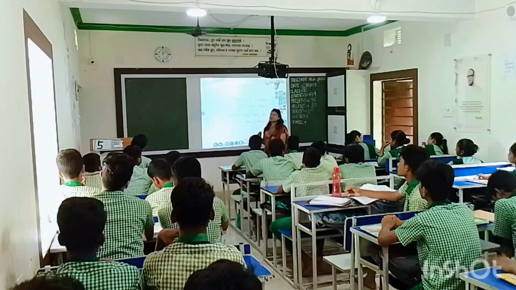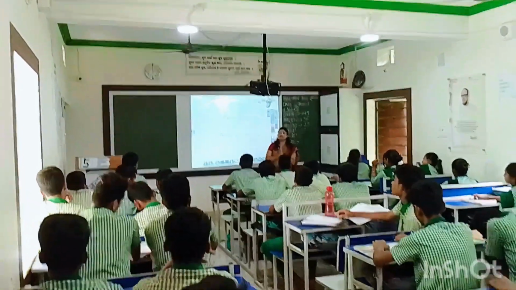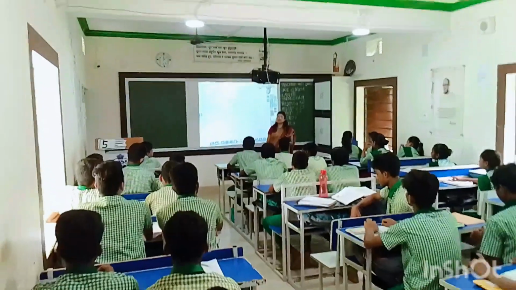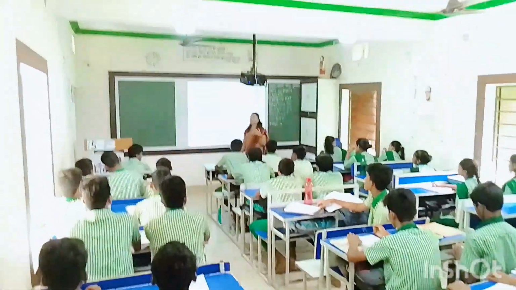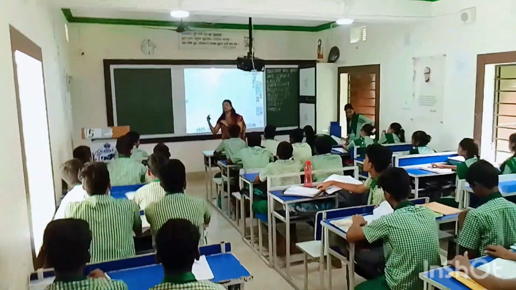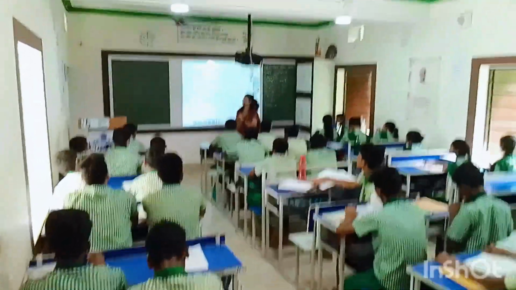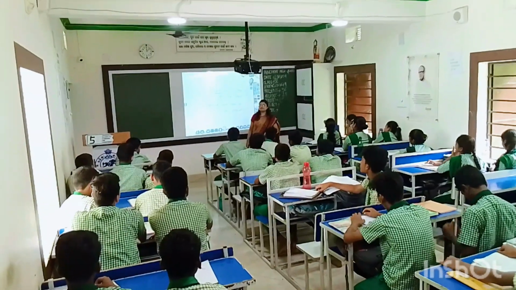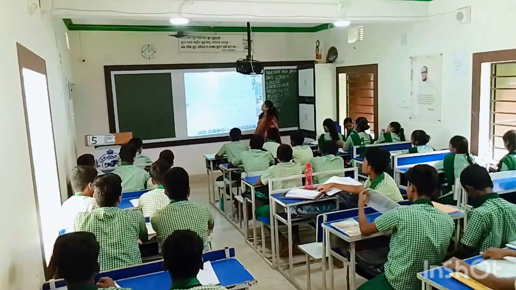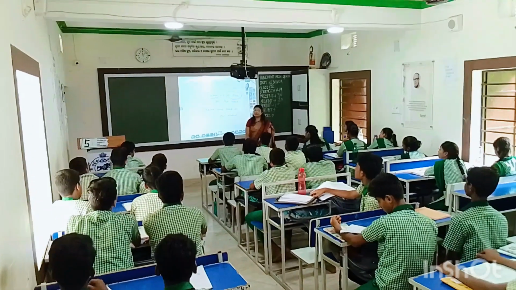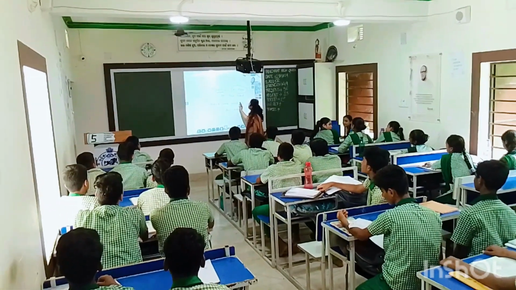And the rule says the verb has to agree with the real subject, not with the dummy subject. The dummy subject appears as the real subject, but the real subject lies in another part of the sentence. It is in the subject place, but it is not the real subject, it is the dummy subject. The real subject is a pen. And in the next example, the real subject is pens.